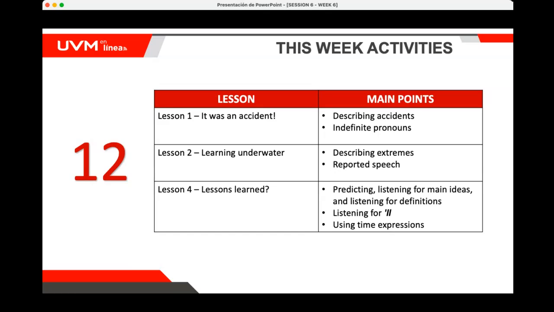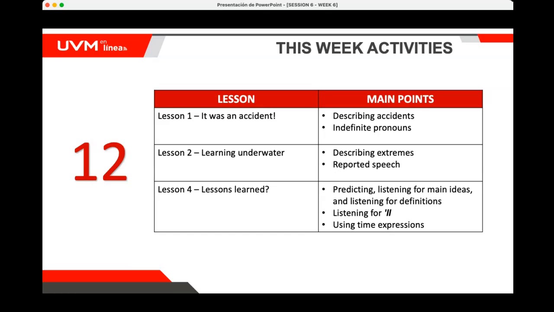And then for Lesson 4, you learn predicting and listening for main ideas. In this case, just to identify the main ideas of a listening. Of course, you need to pay attention to this kind of thing.